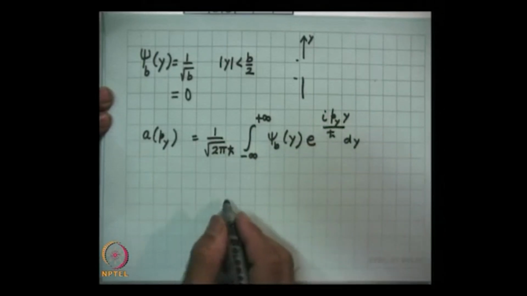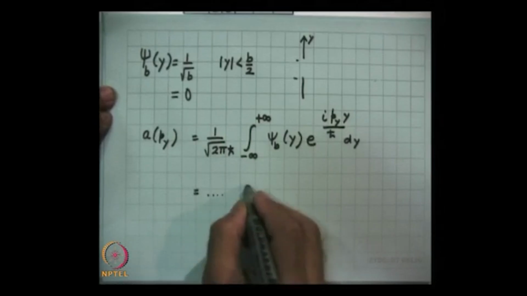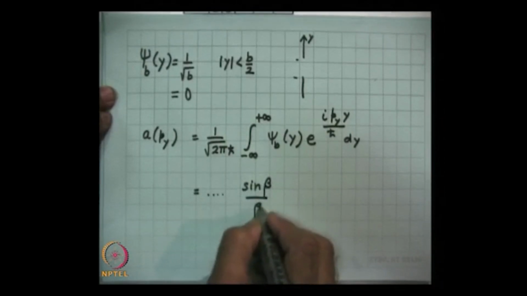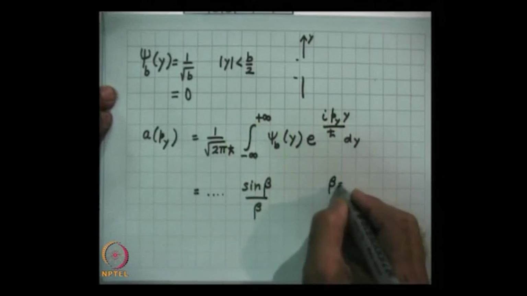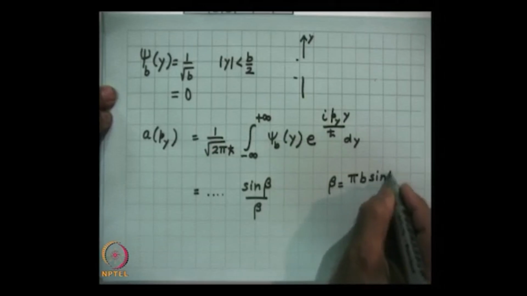This we had integrated, and we had shown that this was equal to some constant times sin beta by beta, where beta was equal to pi b sin theta by lambda.